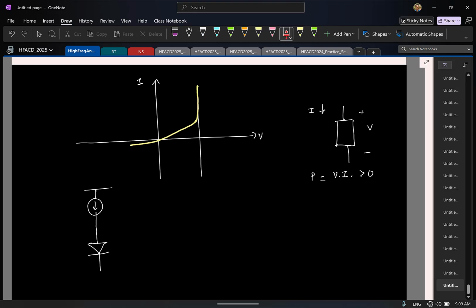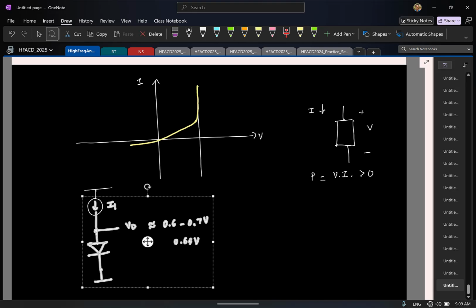And I just have to make sure the current has at least this much of value, right? Beyond some particular current, you see that the voltage sort of is constant. So let's say I call this I1, I call this the diode voltage VD. And if this is a silicon diode, what is the diode voltage approximately? Yeah, 0.6, 0.7, let's call it somewhere here. So let's take a middle ground and say it's 0.65 volt. So this is something we can do.